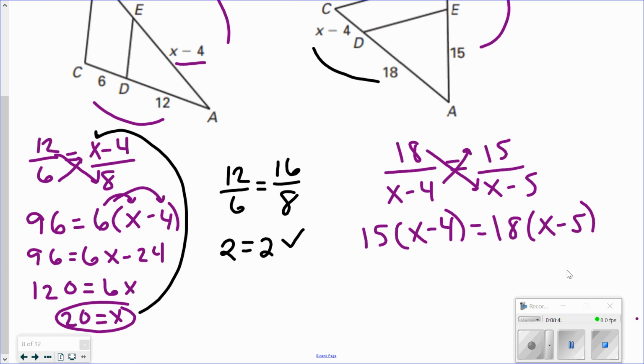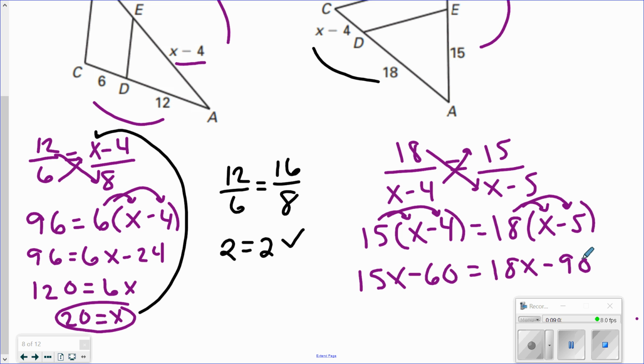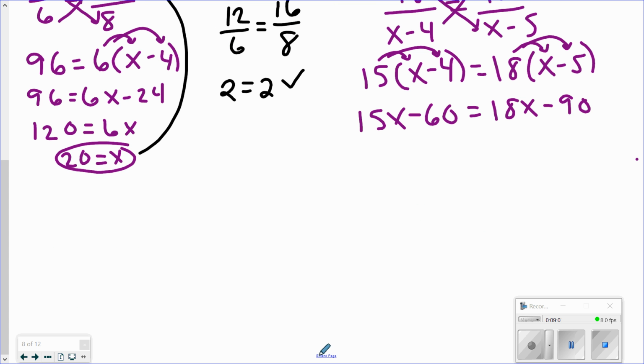So let's scroll down a little bit. So I need to distribute this 15 inside my parentheses, which gives me 15x minus 60 is equal to, same thing over here, distribute that 18 inside, and I get 18x minus 90. Let's scroll down a little bit.